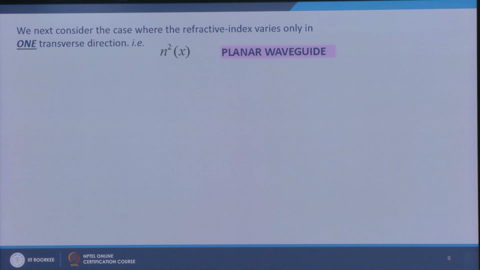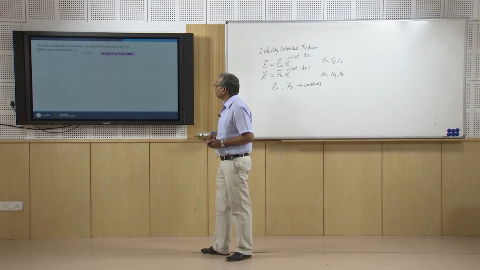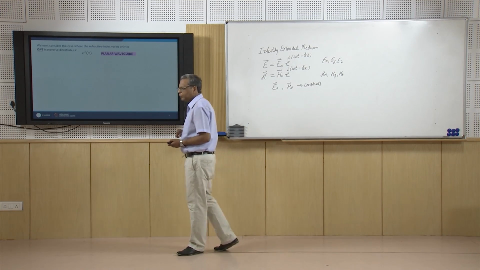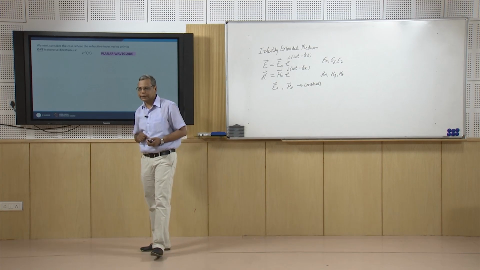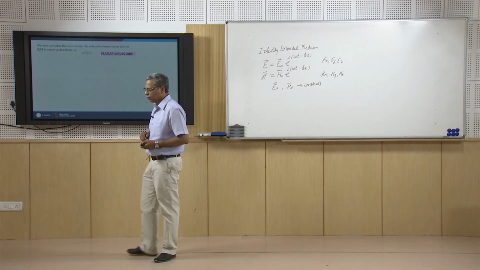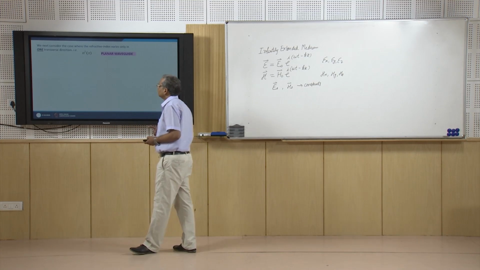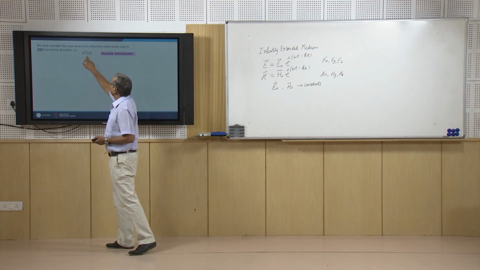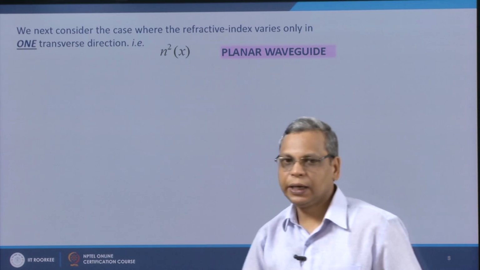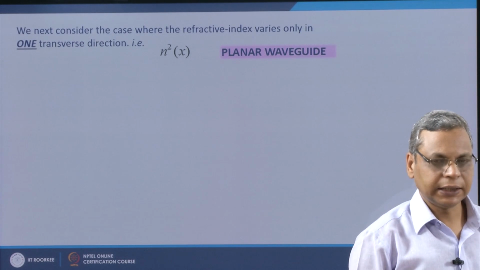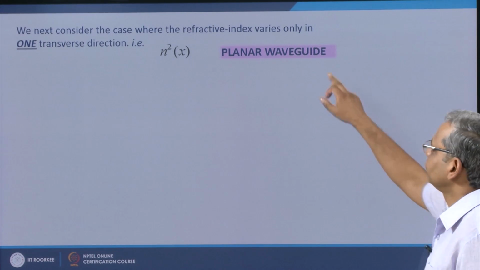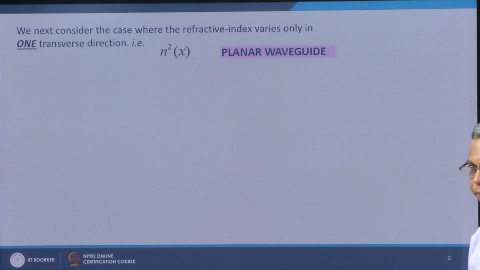Let me start with a very simple problem where I remove any index discontinuity even in the y direction. So, I take the simplest case where the variation of refractive index is only in the x direction. So, I have n square as a function of x only, and this is the case of, say, a planar waveguide.